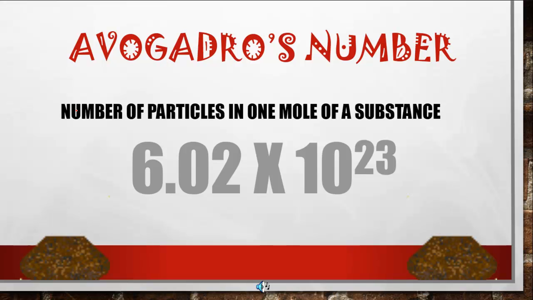Take this 6.02 times 10 to the 23rd, divide it by 100, and you would find out you are pretty rich. So a mole is a huge number of particles. Of course, Avogadro gets the credit for determining this constant. This number is not going to change. This is the number that is in 1 mole of a substance.